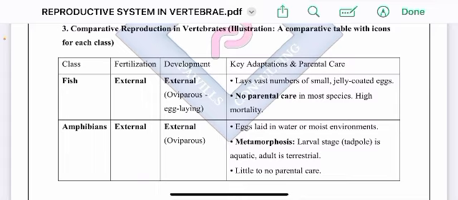So as they lay the eggs, they also lay the sperm. It's ejaculated on them immediately. And of course, fertilization occurs. Because there's no parental care, since the moment they do that they leave the place, there could be high mortality because there's no guidance.